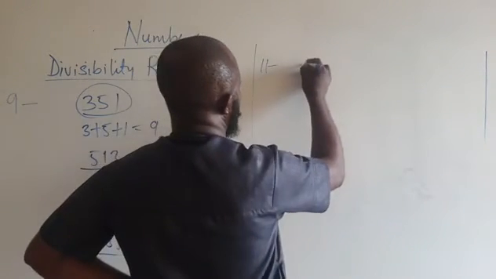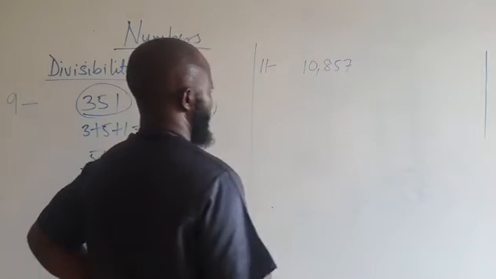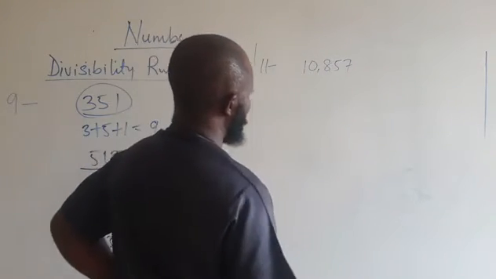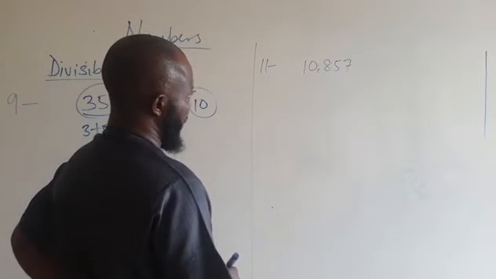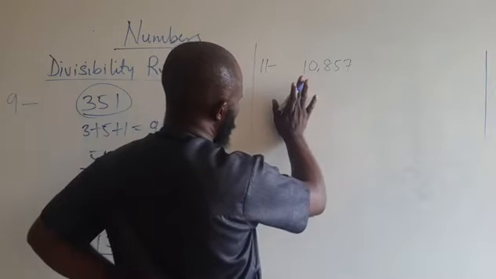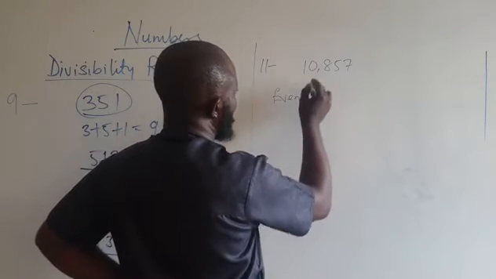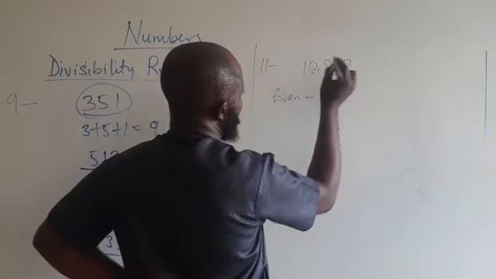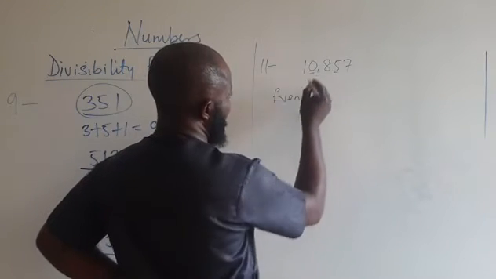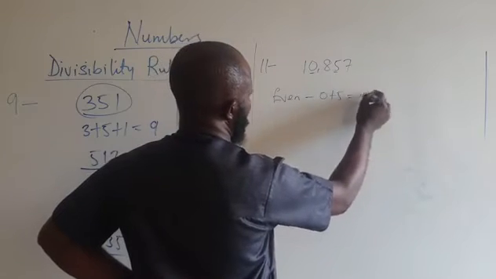Let's look at this. We have, let's say, 10,857. We want to check if this number is divisible by 11 or not. Right? So what are the digits in the even position? Let's start with the even position. We have 0 plus 5. That gives us 5.